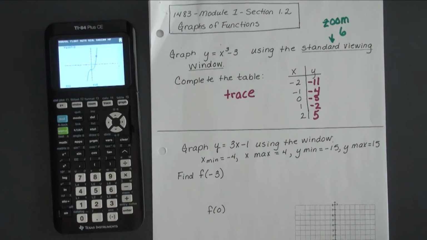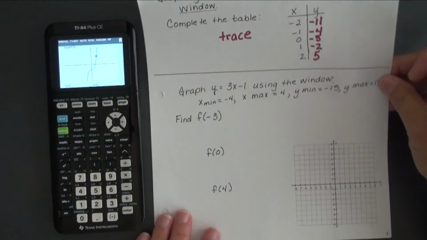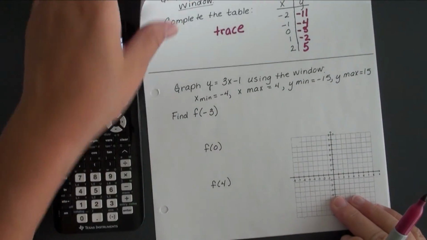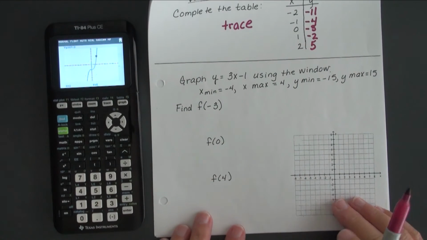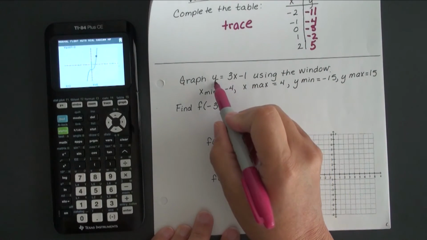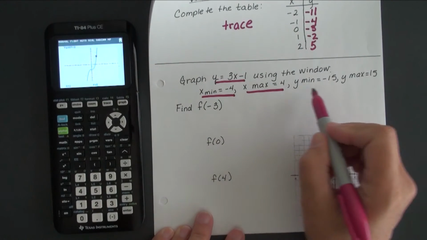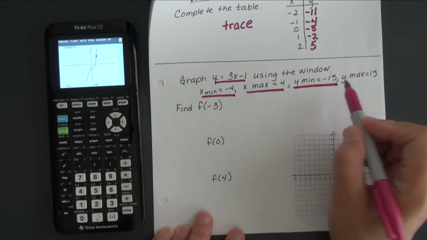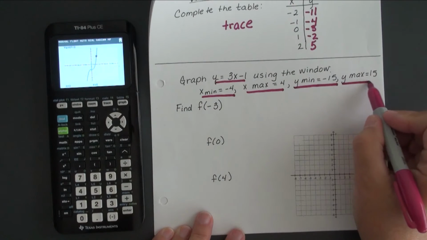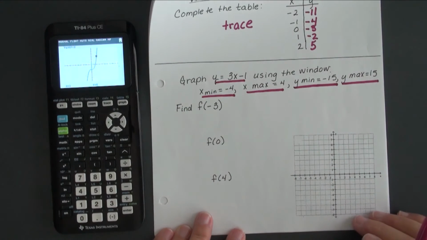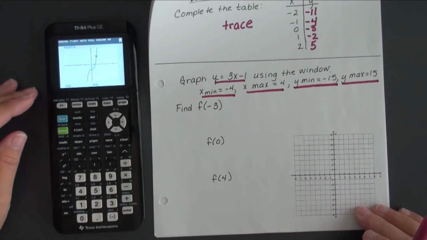Okay, let's go to the next example. Let's graph y equals 3x minus 1 using the window x min equals -4, x max equals 4, y min equals -15, and y max equals 15. So we're going to start all over.